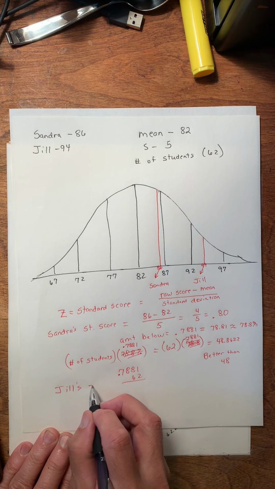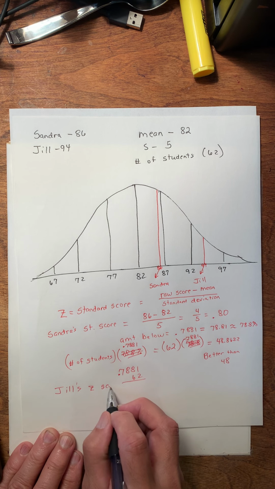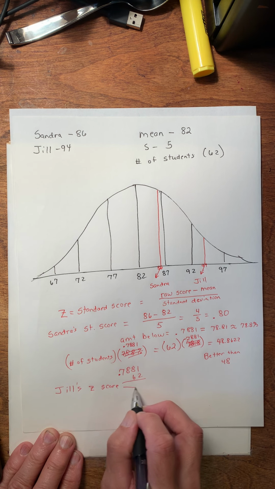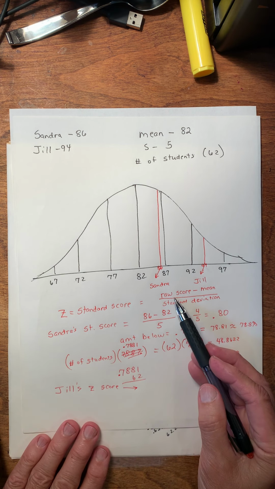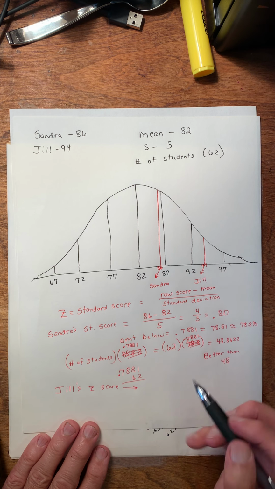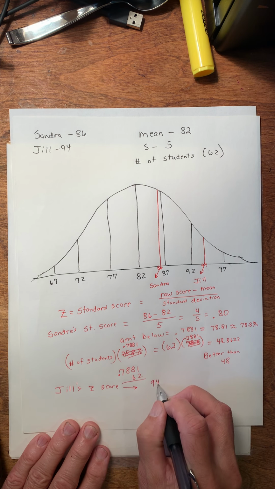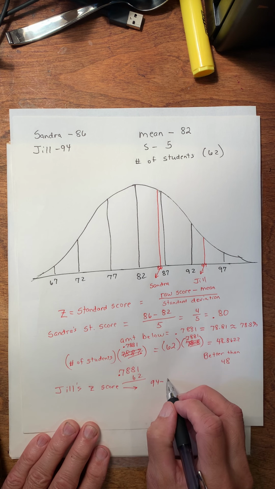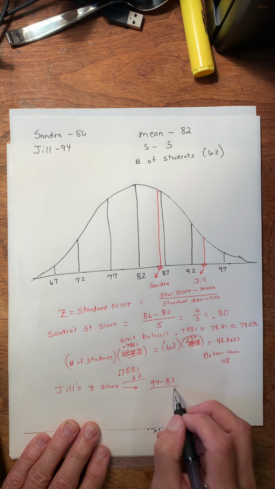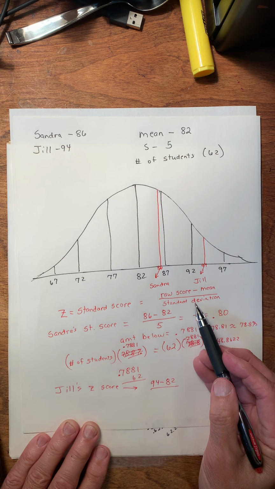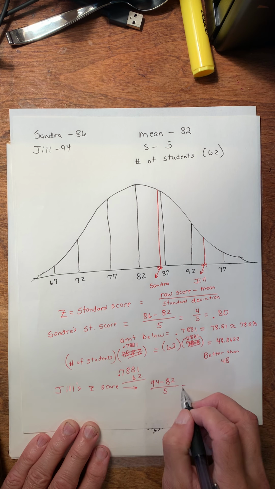Jill's z-score is going to be her raw score, which is 94, minus the mean, which is 82, all over the standard deviation, which is 5.